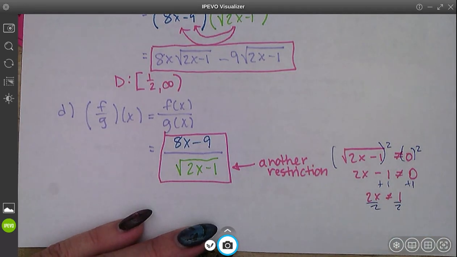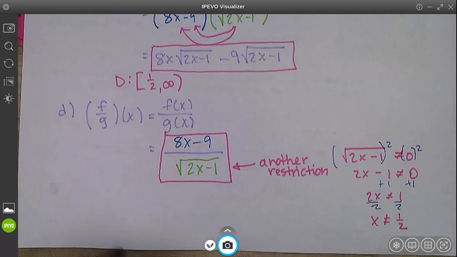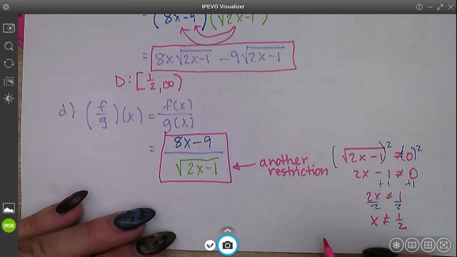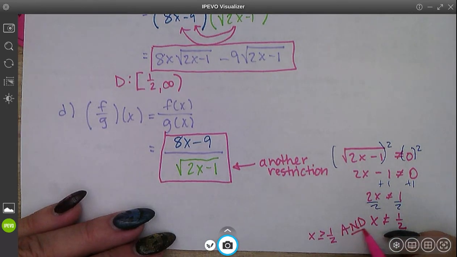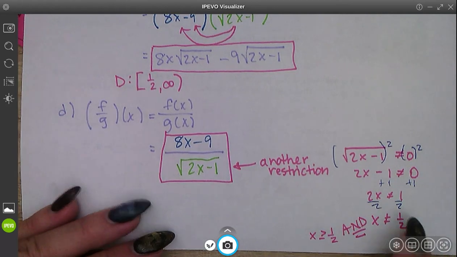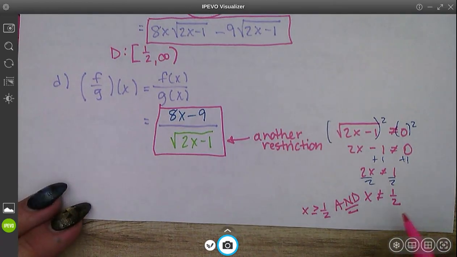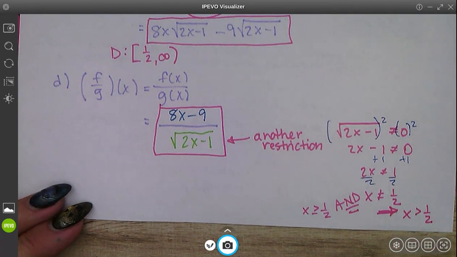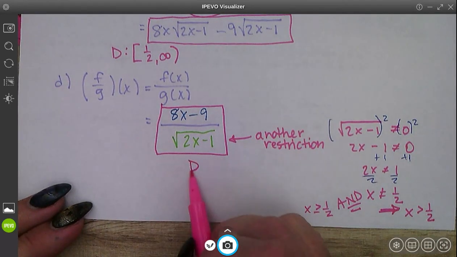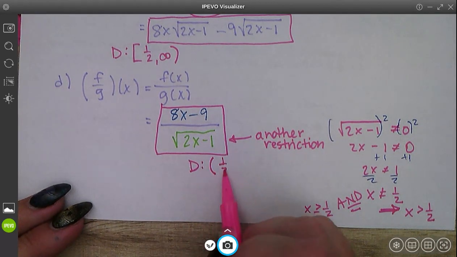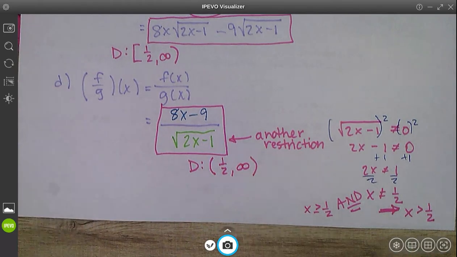Divide by 2. X cannot equal 1/2. So I have the domain currently that says x is greater than or equal to 1/2, but now I also say x cannot equal 1/2. So if x is greater than or equal to 1/2, but x cannot equal 1/2, then that gives me x is just greater than 1/2. So the domain for this one is going to be parenthesis 1/2 to infinity, because I can't include the 1/2.